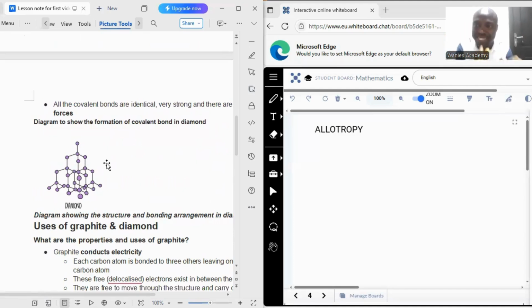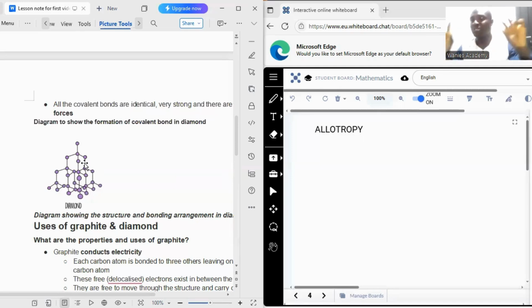Tetra meaning that you have a 4-sided arrangement, a tetrahedral structure, where each carbon atom is bonded to 4 other carbon atoms in diamond, right? Now, this arrangement makes diamond have a very strong, rigid, 3-dimensional crystal lattice structure.